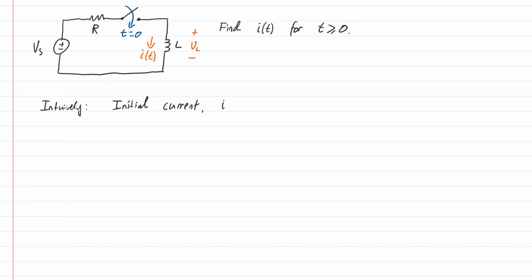So I of 0 minus, just before the switch closes, is obviously 0 because the switch opens the circuit. Open circuit means no current can flow. And therefore, because inductor current is continuous, the current just after the switch closes must also be 0.